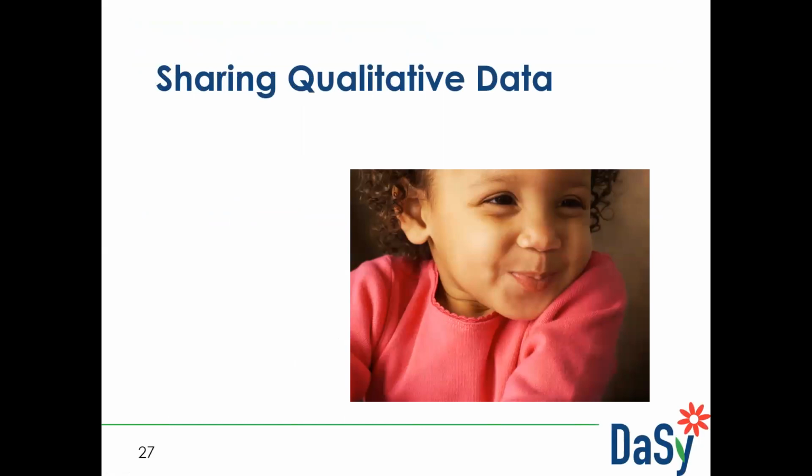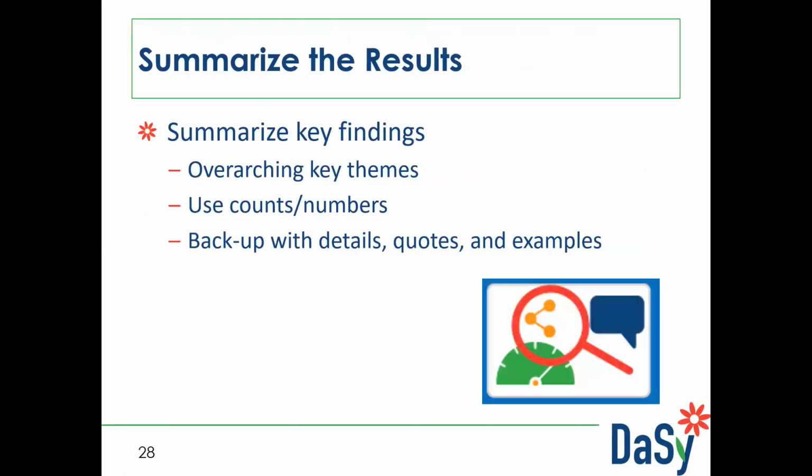All right, thank you. Well, we have just a few minutes left, so I'll go rather quickly through this section. But I do want to talk about summarizing and sharing your data. So after we get through all of the planning and data collection and analysis, we get to summarize, share, and use the data.